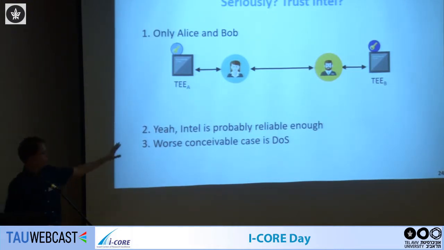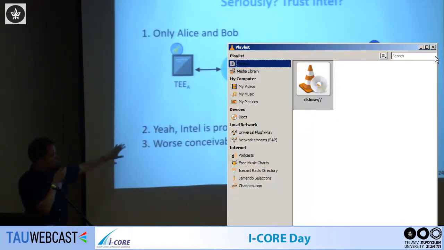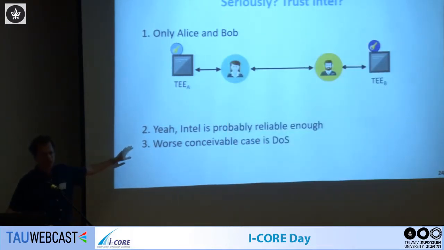Second, Intel is probably reliable enough for your micropayments. The worst conceivable case is that Intel decides to stop operating its services, and then it's a denial of service attack. So you can't create new channels. Existing channels still work. No money is stolen.